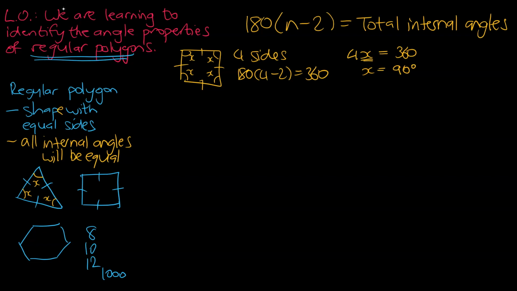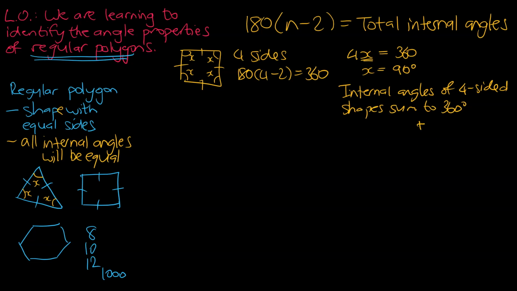So the internal angles must all be 90 degrees in that square. And we've used 2 geometric reasonings to do that. So we know that the internal angles of 4-sided shapes sum to 360 degrees.